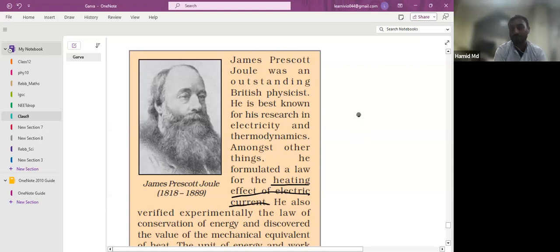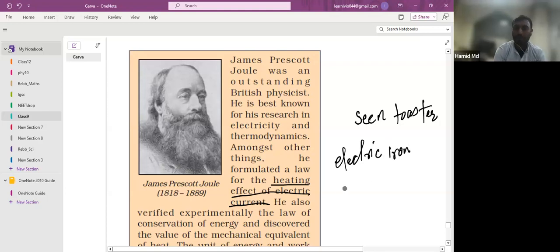have you seen the toaster, electric iron, or laundry iron, or geyser? Have you seen these apparatus?